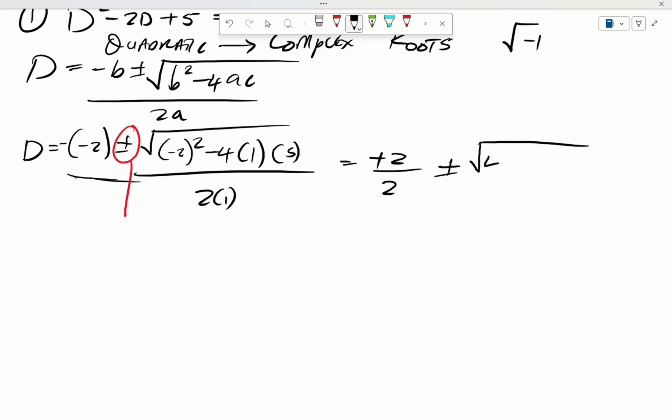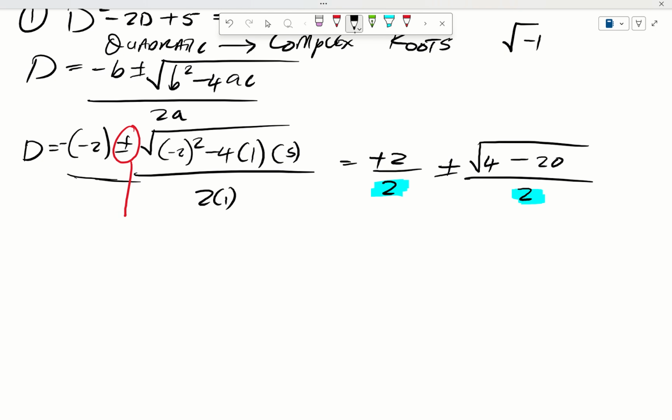So I'm going to have 4 minus 4 times 5, which is 20. You see, that's why it's a negative. That's why you can't find factors, because it's a negative square root. And then you're going to divide it by 2. So 2 is the lowest common multiple there.